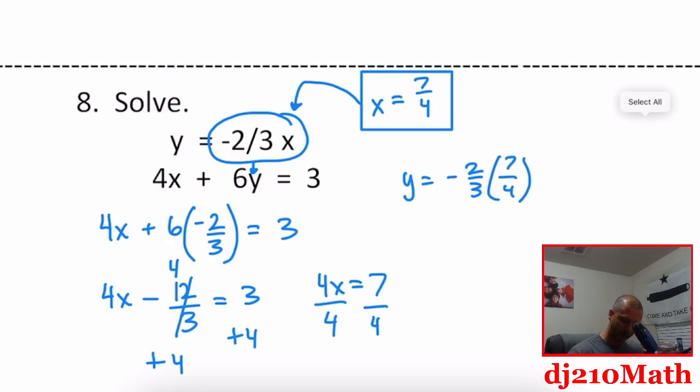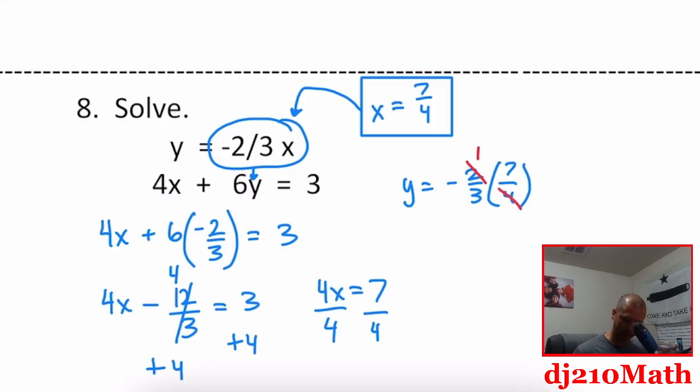So 2 goes into 2 one time, 2 goes into 4 twice. So that reduces, and we get 7 times 1 is 7, 2 times 3 is 6, and it's negative. So y is equal to negative 7/6.